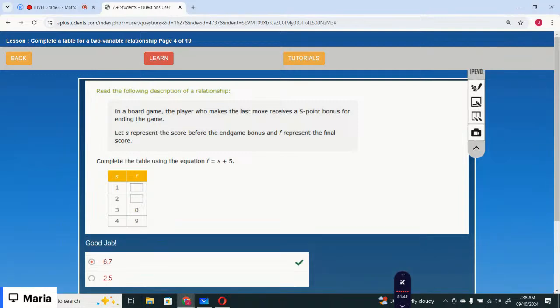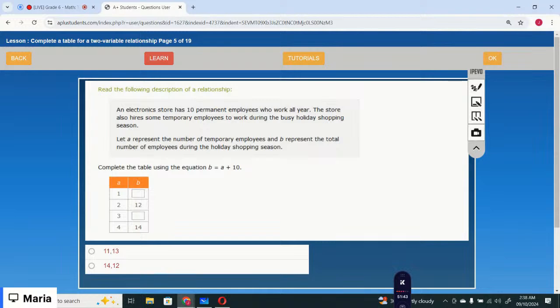Okay, the next one is complete the table using the equation b equals a plus 10. So, which is the correct option?